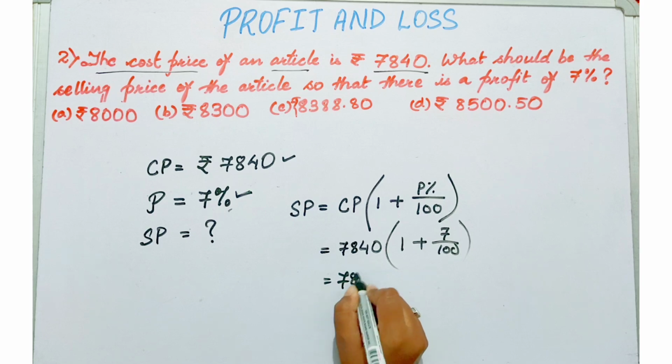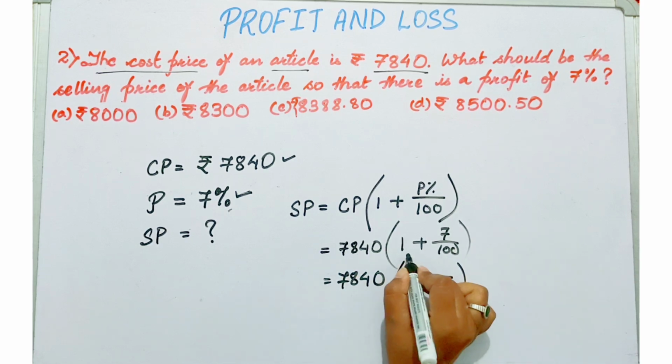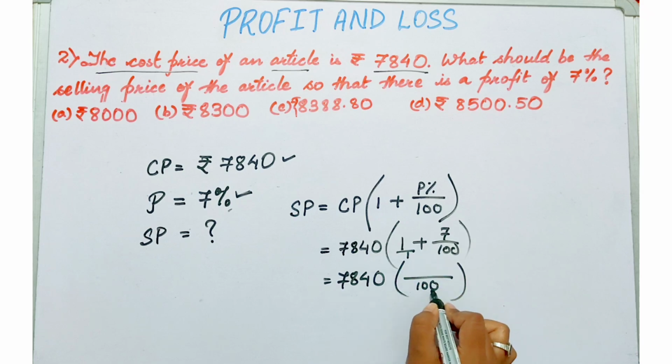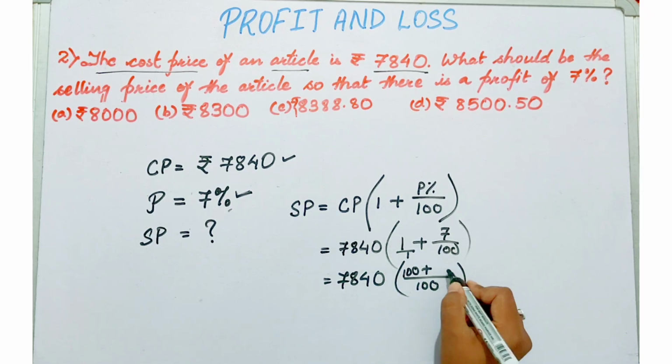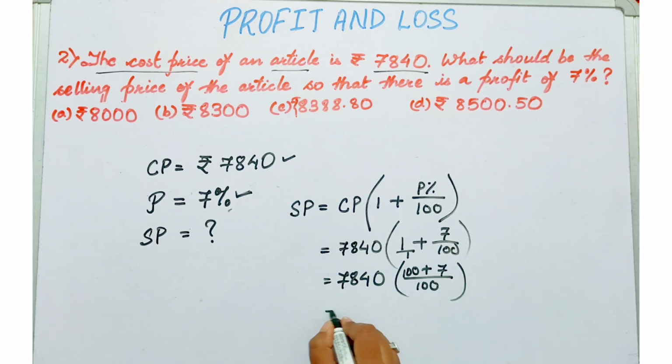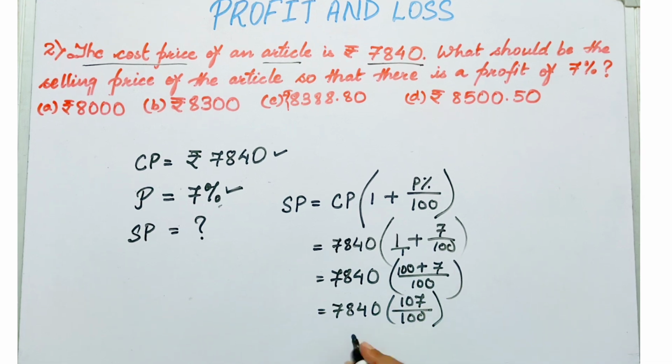We are taking 100 as LCM. Here we have 1. 1 into 100 is 100, plus 1 into 7 is 7. So it is 7840 into 107 divided by 100. 100 plus 7 is 107.